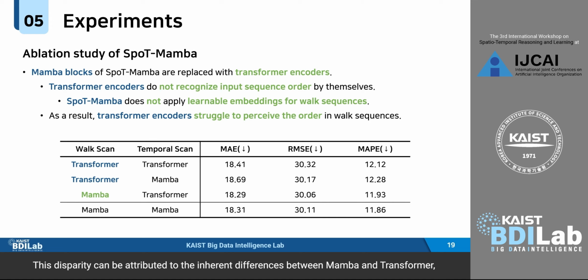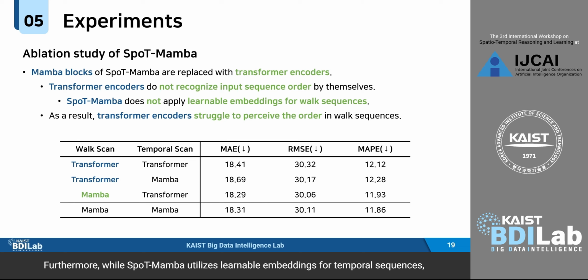This disparity can be attributed to the inherent differences between Mamba and transformer, along with the application of learnable embeddings. Mamba blocks accurately scan inputs, inherently considering the sequence order. In contrast, transformer encoders do not recognize input sequence order by themselves.